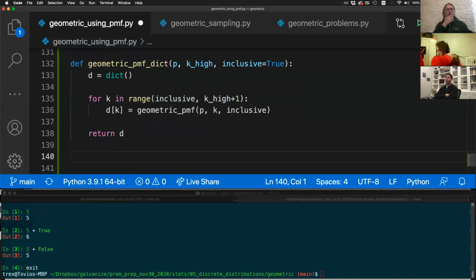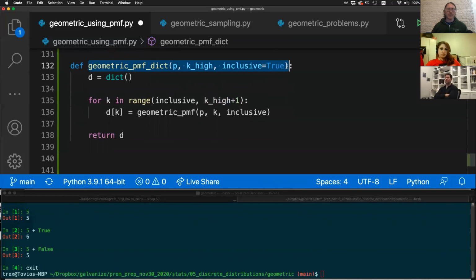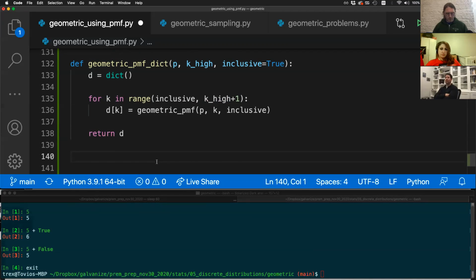Let's consider coin flips, a 50-50 chance, and let's look at the progression of the probabilities of k as we increase from low values to high values. I'll build a dictionary separate from this really quick. We'll set p to 0.5.